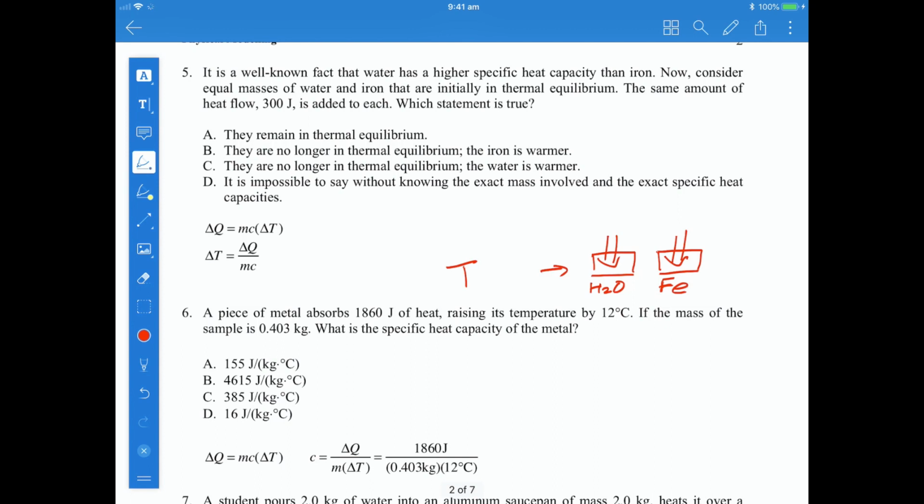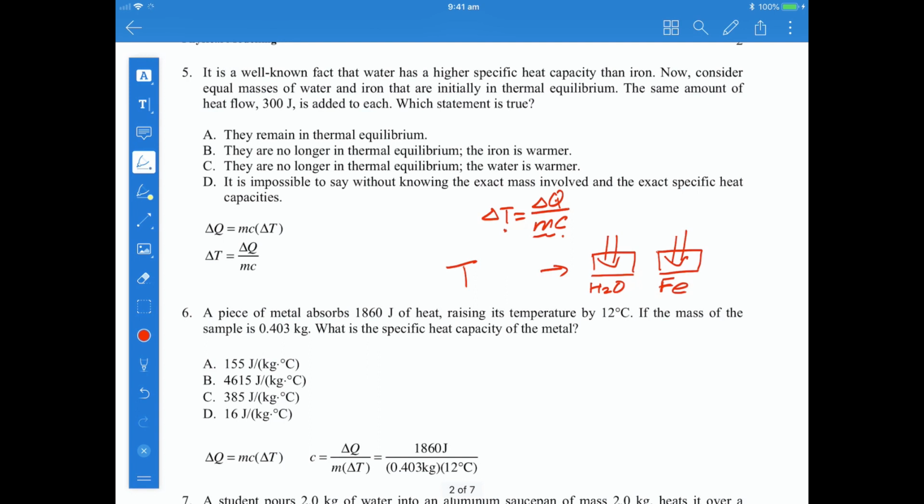Now, of course, you put in the same amount of heat, but the delta T is equal to Q over mc, and you have the same mass. For the same amount of Q, with specific heat higher, the change of temperature will be lower.